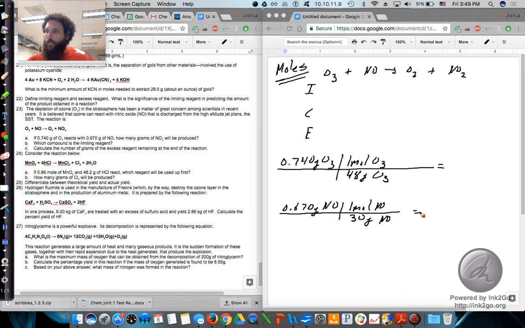So let's get these guys down. 0.74 divided by 48 is 0.0154. 0.67 divided by 30 is 0.022.